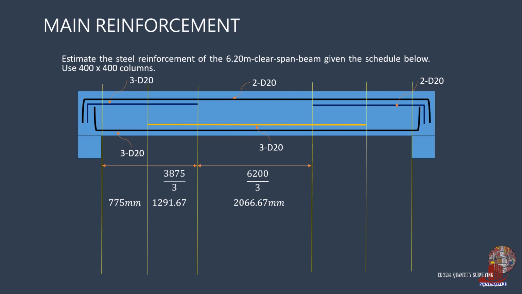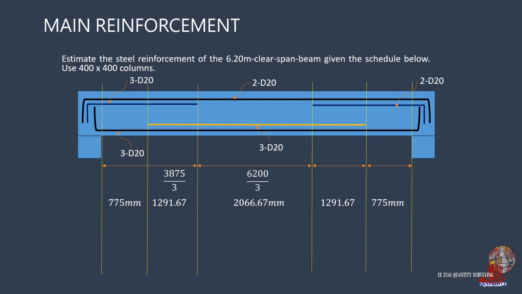Then from the center line, there is symmetry of span lengths. Thus, the next span is 1291.67 mm, and the right support also has 775 millimeter length.